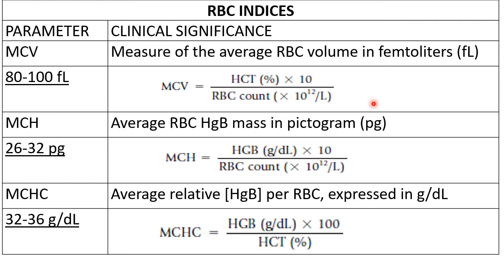So, anong clinical significance ng bawat isa? MCV, it is the measure of the RBC volume or the average size of the RBC. Isa rin ito sa mga index ng anisocytosis pero mas ginagamit si RDW over your MCV.